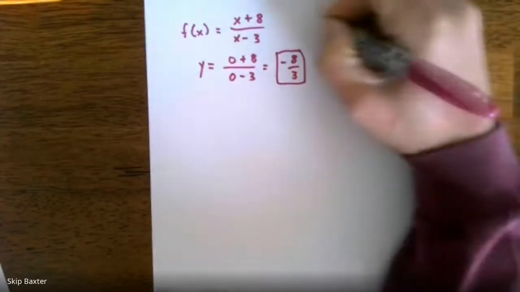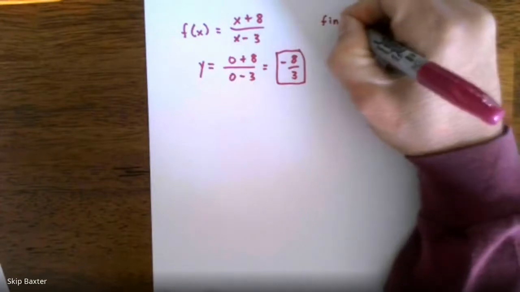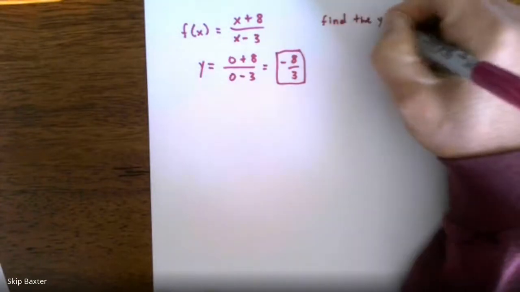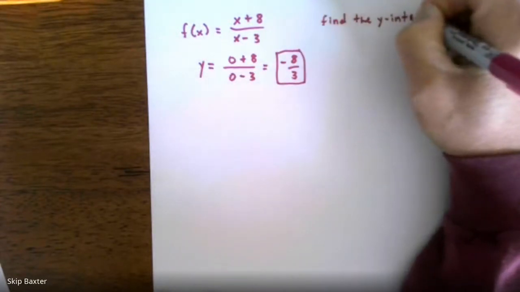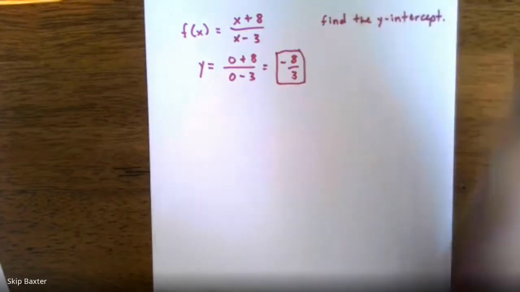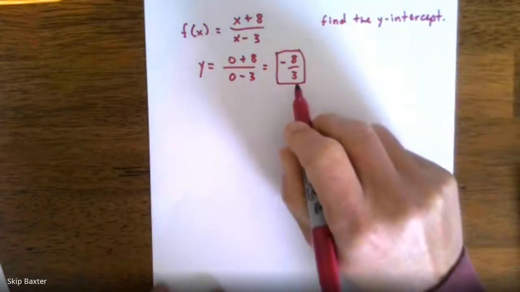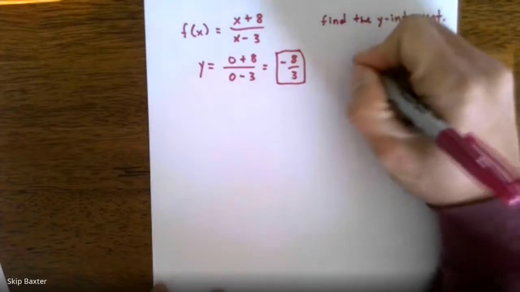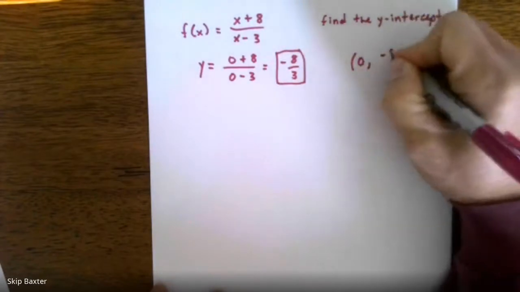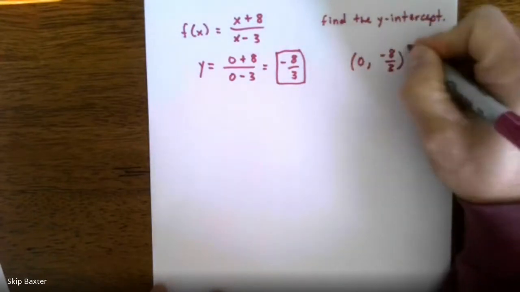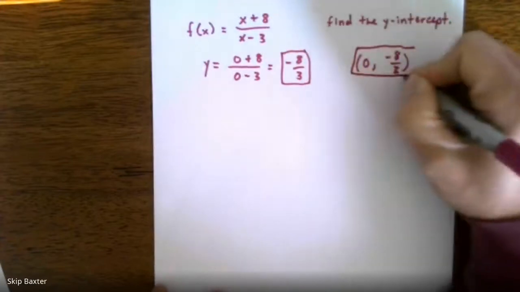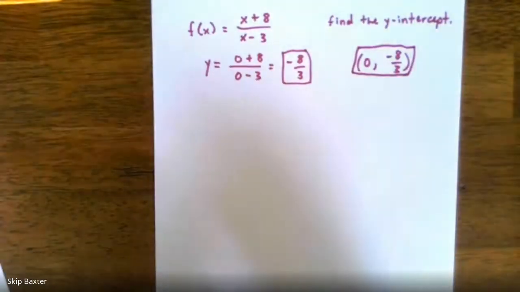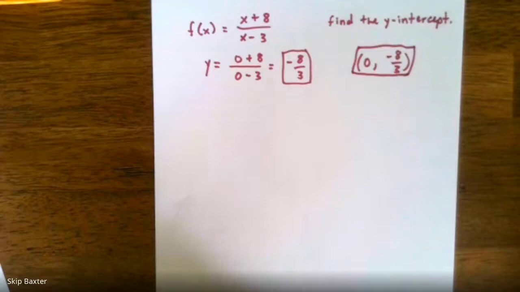That's it, if the directions were to find the y-intercepts. Now, writing it as a point, you'd have to write it as 0, negative 8/3. That's the actual point. That's the y-intercept. So you've got to be careful when you're entering it into Delta Math. You've got to enter it that way.